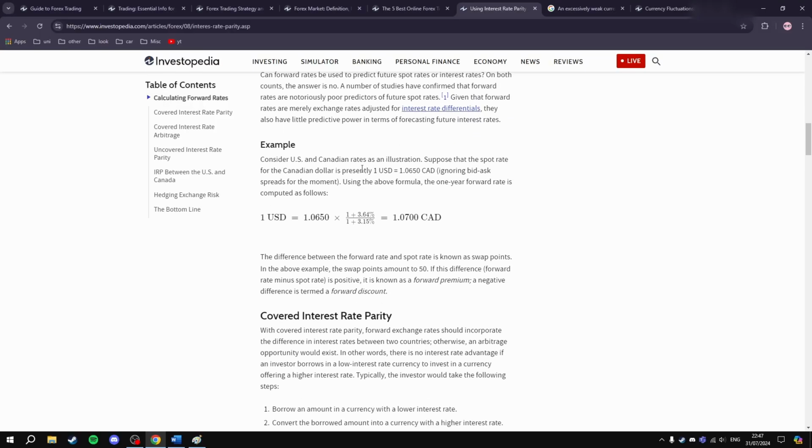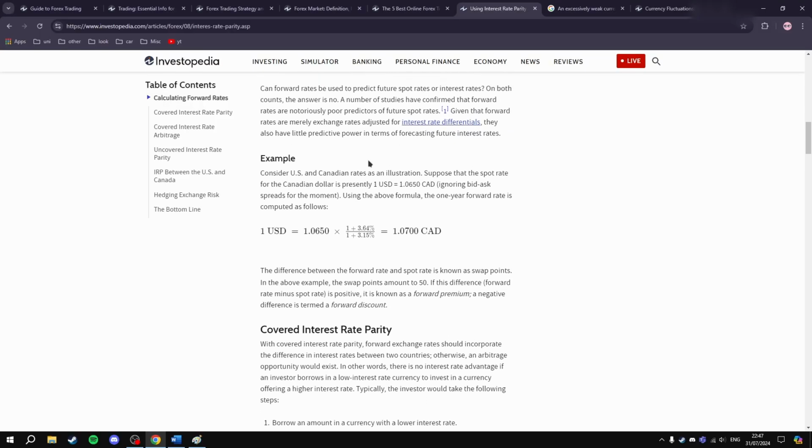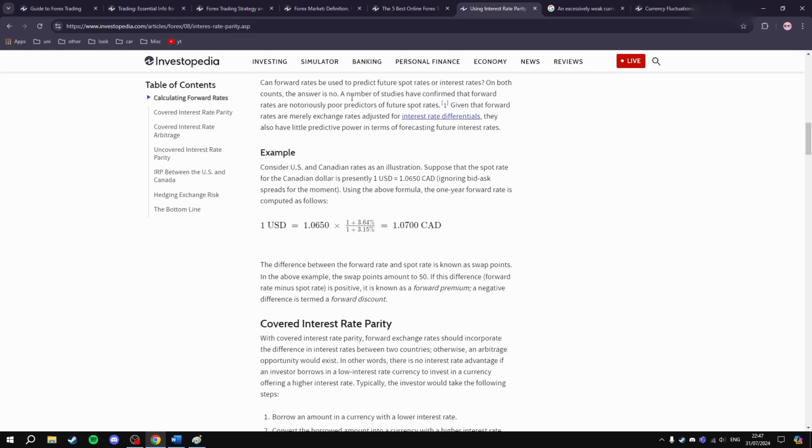Can forward rates be used to predict future spot rates or interest rates? On both counts, the answer is no. A number of studies have confirmed that forward rates are notoriously poor predictors of future spot rates.